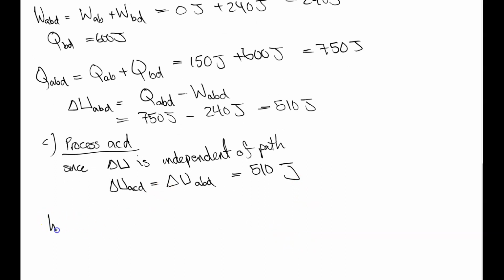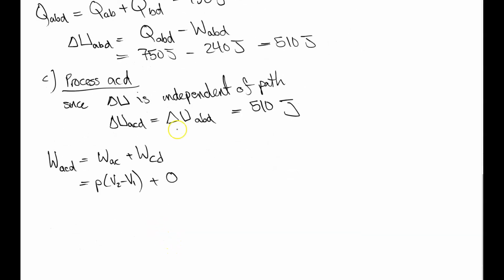Now if we look at the work done for ACD, that's going to be the work from A to C plus the work from C to D. The work from A to C is under constant pressure, so that's going to be the pressure times the change in volume. The work from C to D takes place under constant volume, so that is 0 work.